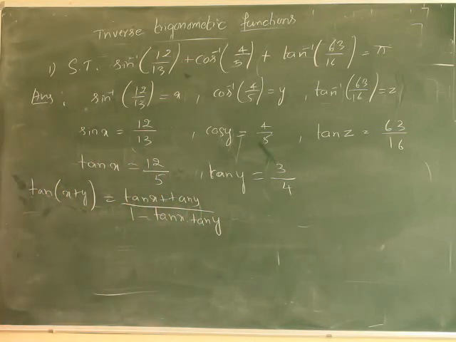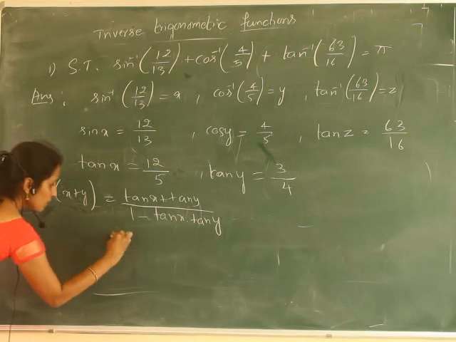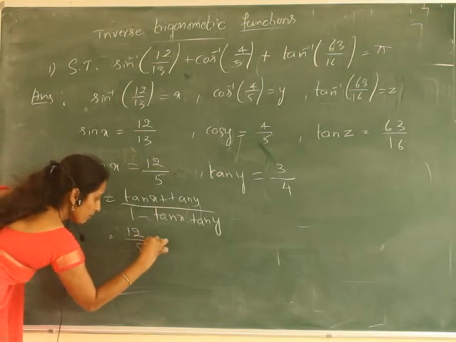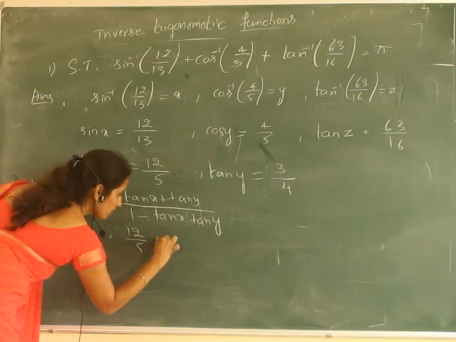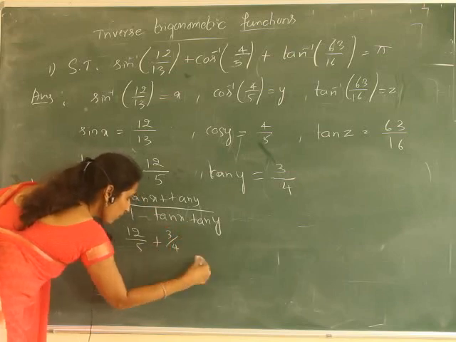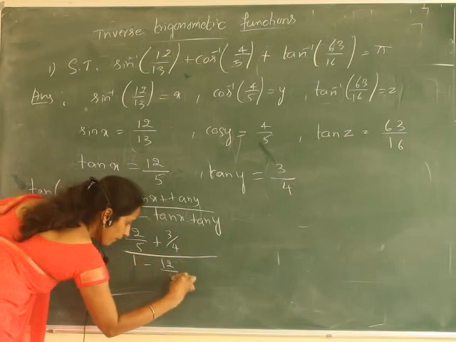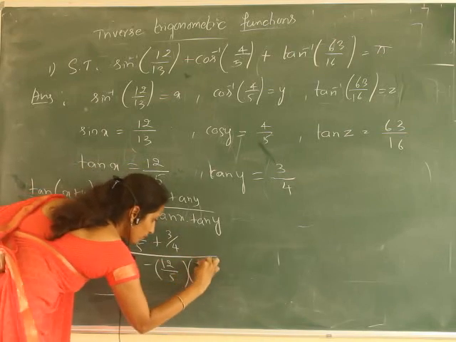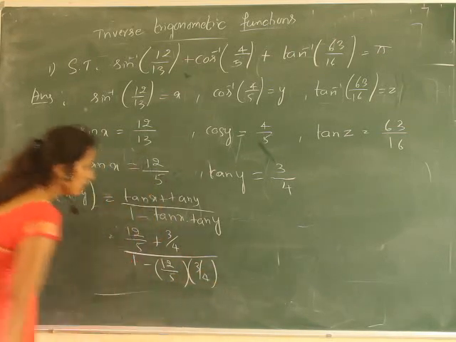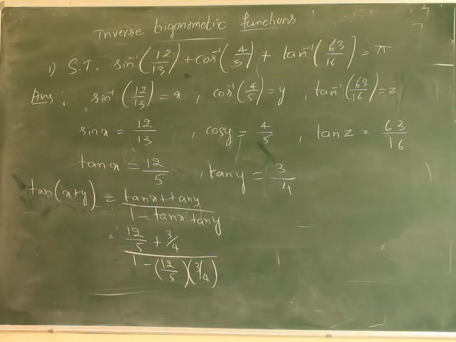Tan x plus tan y divided by 1 minus tan x into tan y. So substitute the value of tan x. Tan x is 12 by 5 plus tan y is 3 by 4, whole divided by 1 minus 12 by 5 into 3 by 4.